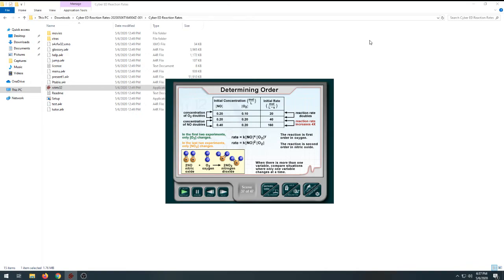Thus, the rate law is written as rate equals k times the square of the concentration of nitric oxide times the concentration of oxygen. This reaction is second order in nitric oxide, first order in oxygen. Adding the exponents shows that the reaction is third order overall.